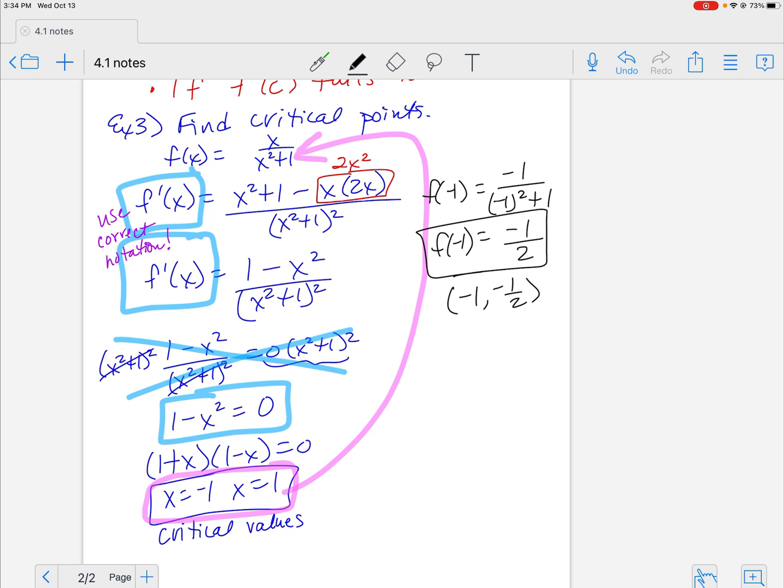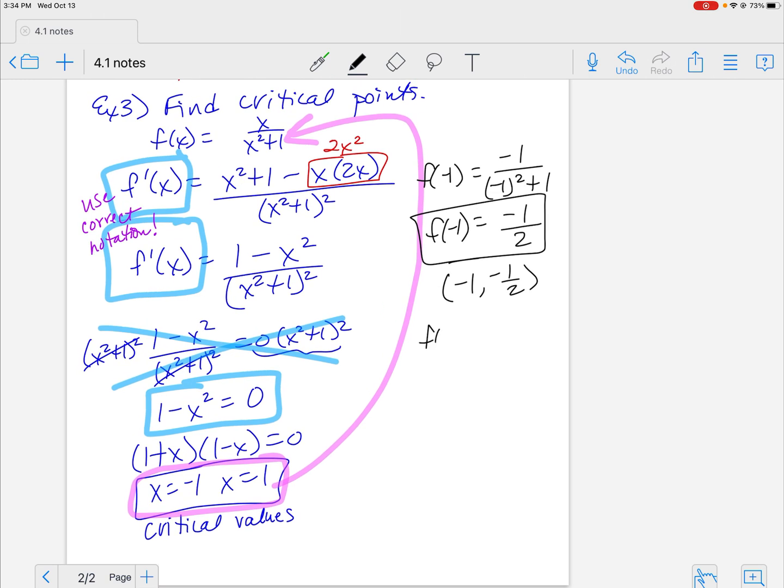Same thing. All right, same thing. So f of positive 1, and let's plug that in. So f of positive 1 is going to be 1 over 1 squared plus 1, giving me a 1/2. Let's put it down here. f of 1 is equal to 1/2. Again, there's my coordinate point, or I can write 1, 1/2.